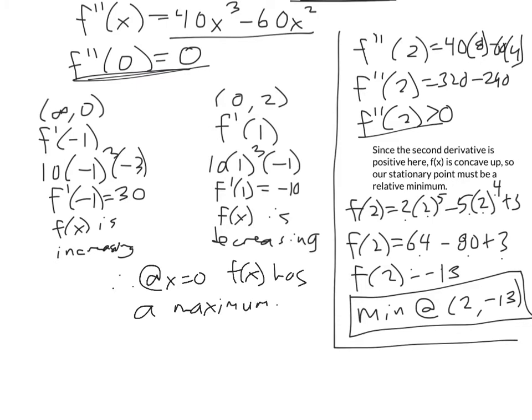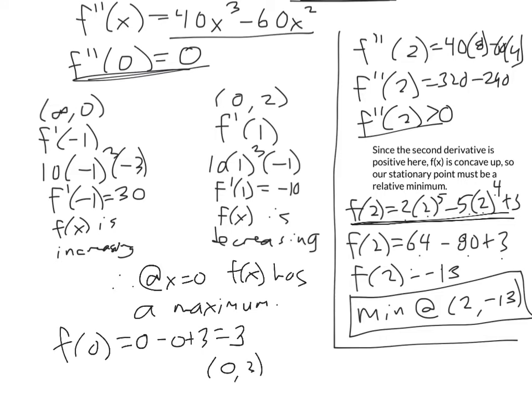And so the last thing I need to do is take that 0 value and plug it back into my original function just like I did over here. So f of 0 is going to be 0 minus 0 plus 3, which means it's 3. And so we have this maximum at the point (0, 3). Okay? Maximum at that value.